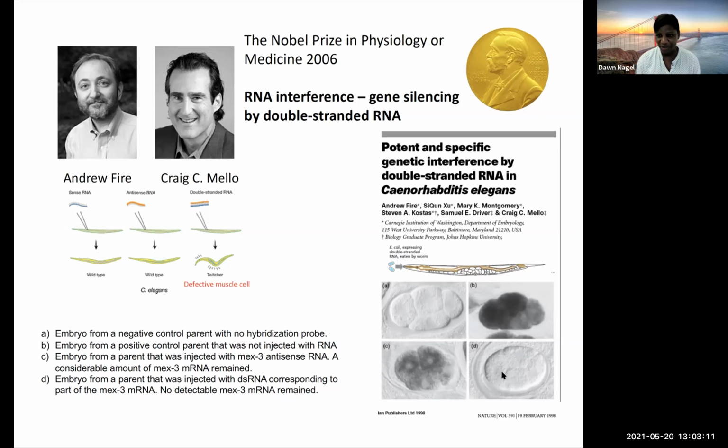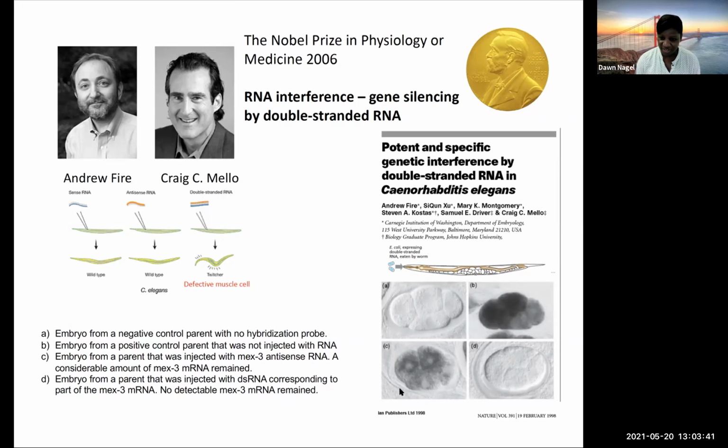No, so you need to have the double-stranded molecule. So that's a great question. So what happened here with this experiment was that in the case of C, they did follow-up studies, which we're not showing here, where they addressed why is it when you had this single-stranded RNA molecule, you get a little bit of a reduction, right? The hypothesis was that you needed a double-stranded molecule in order to completely turn off that endogenous gene.